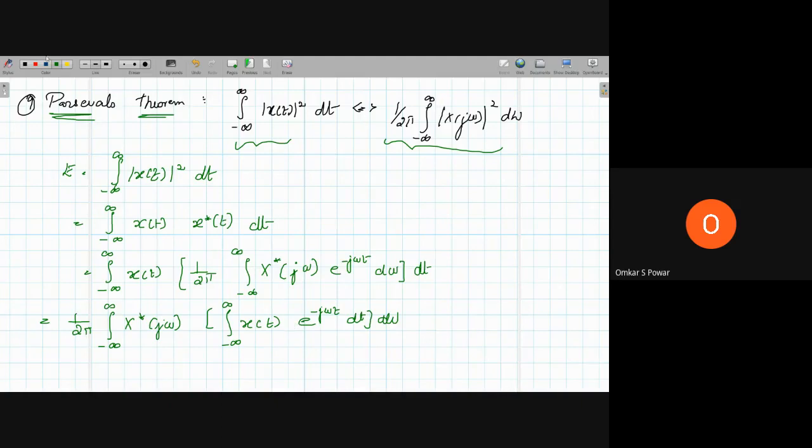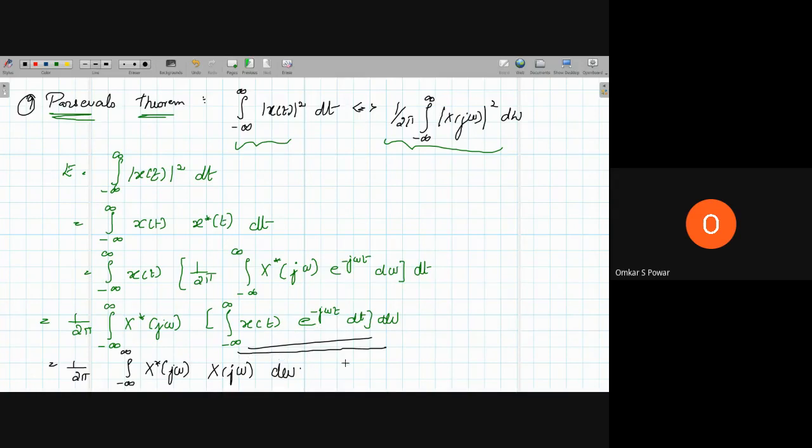So again, how does this term look? I can write this one as 1 by 2 pi integral from minus infinity to infinity X conjugate of j omega into X of j omega into d omega, because integral from minus infinity to infinity x of t e power minus j omega t dt is X of j omega.